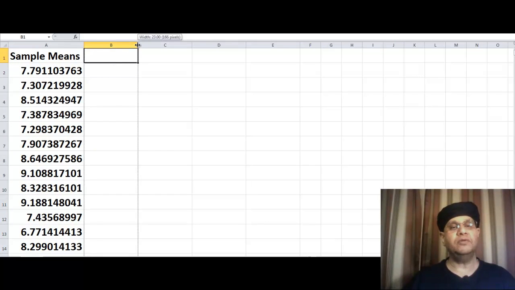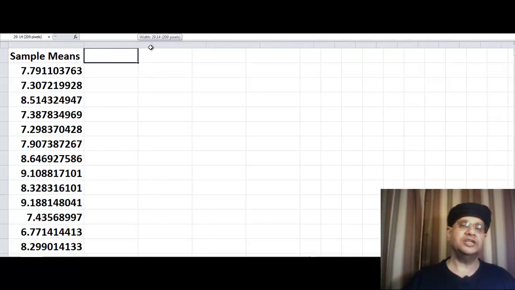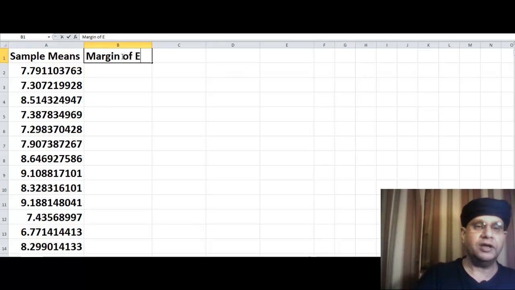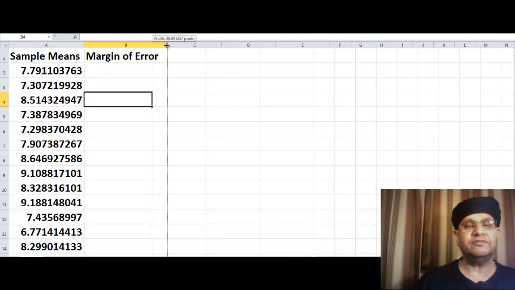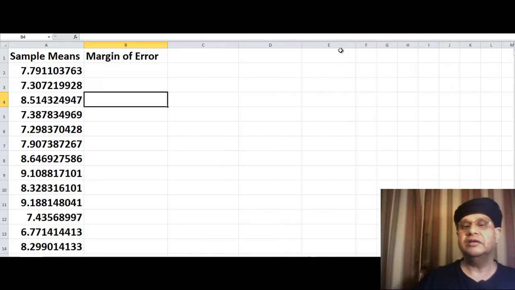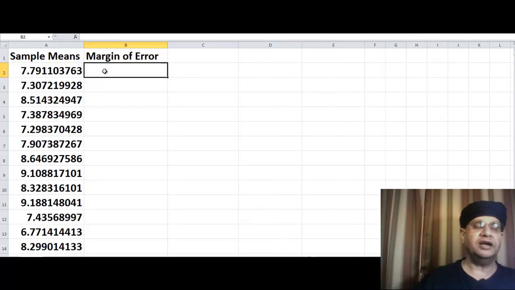Now let's see what the margin of error will be, and margin of error will be the same for each of these because we are using the same sigma and same n. So even though we can do it directly, just for keeping it slow and a little more easily understandable, let's just write it in this column.